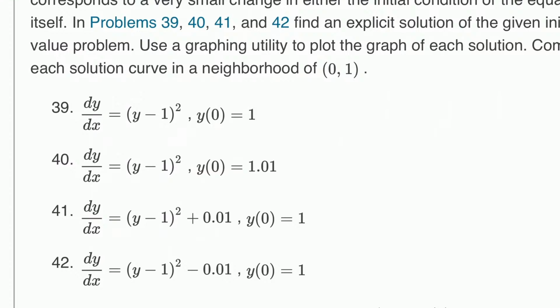So all this was supposed to do was to illustrate the fact that with small changes, differential equations are really where you start seeing the so-called butterfly effect. I don't know if you've heard of this idea that if a butterfly flaps its wings in Africa, it can result in a hurricane 3 weeks later in Brazil or something.